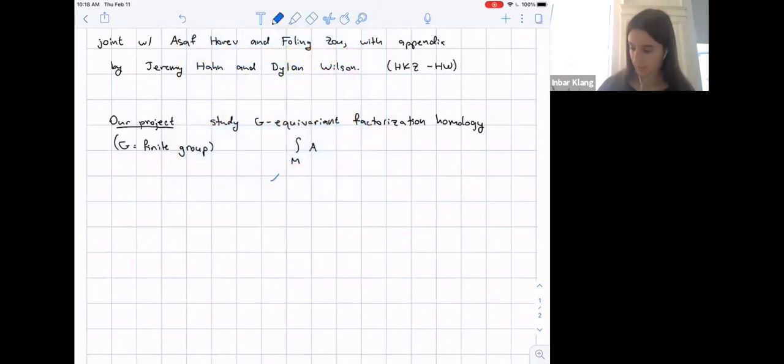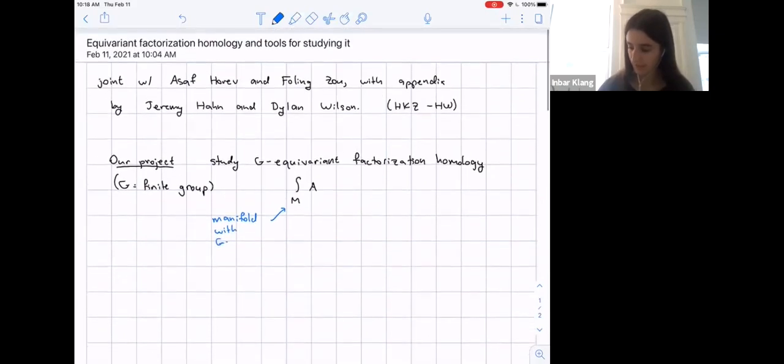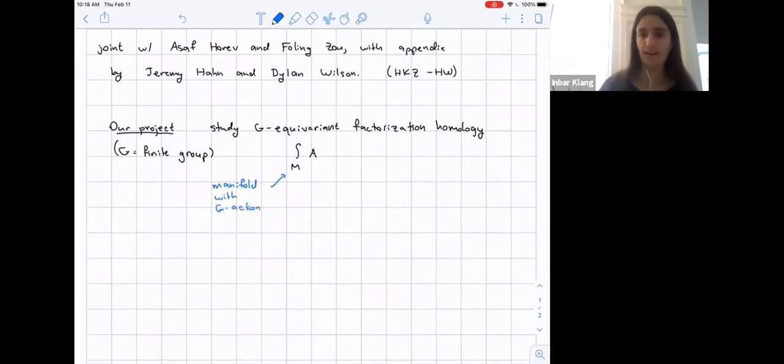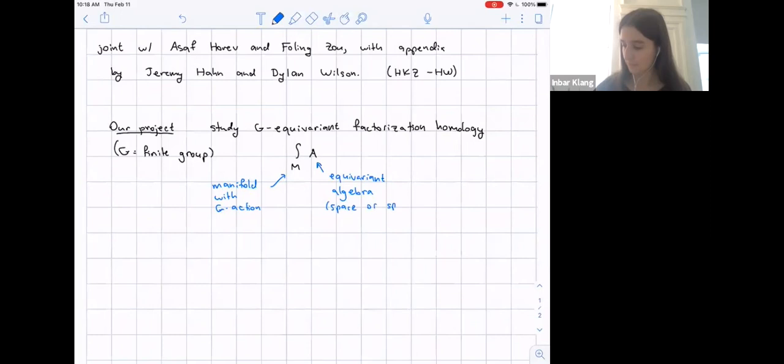Here, M is some manifold with G action, and A is some sort of equivariant algebra. For us, it's usually going to be a G space or a G spectrum.